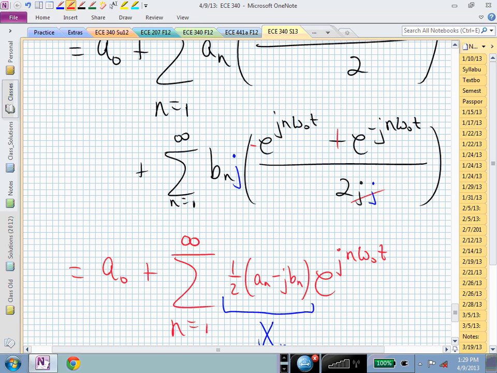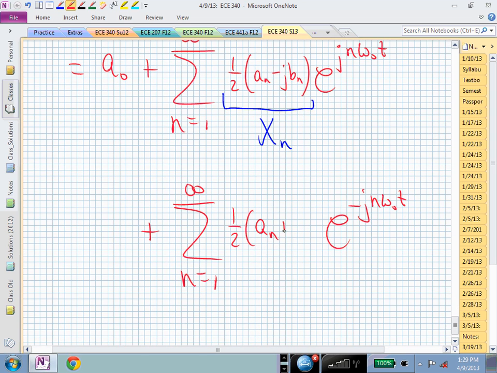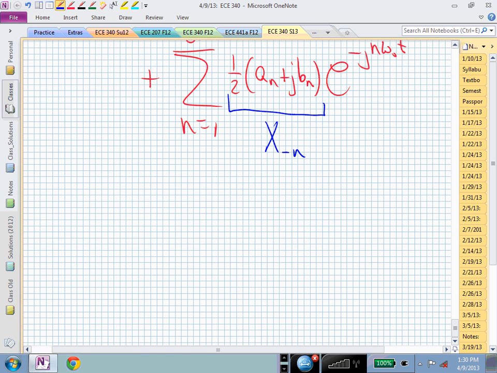It's just plus j b sub n, isn't it? And this I could actually call X of minus n if I wanted to. X of minus n is really going to be the complex conjugate of capital X sub n. But before I get there, I can write this, realizing that capital X sub n can represent a complex number.